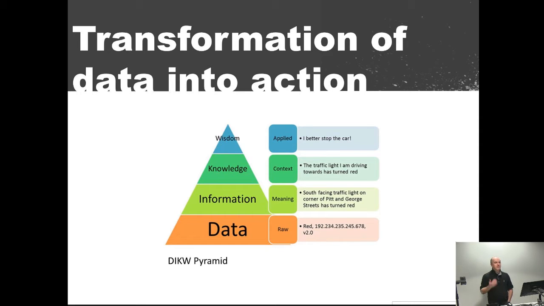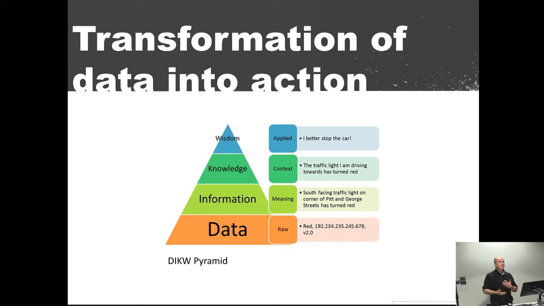Okay, so the data is, I see a red light, which is not very meaningful in the absolute. You need a bit of context to convert that into information. I see a red light, I am on a street, and the red light on the side, that's a junction. That makes the red light meaningful.